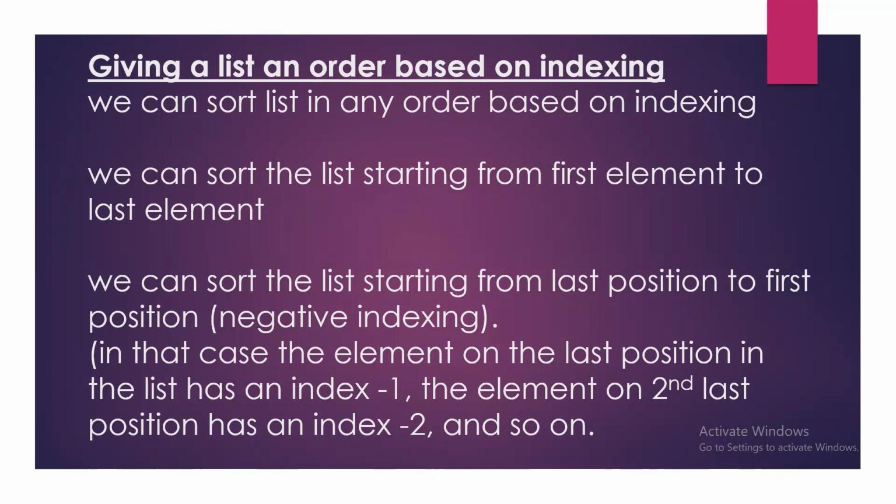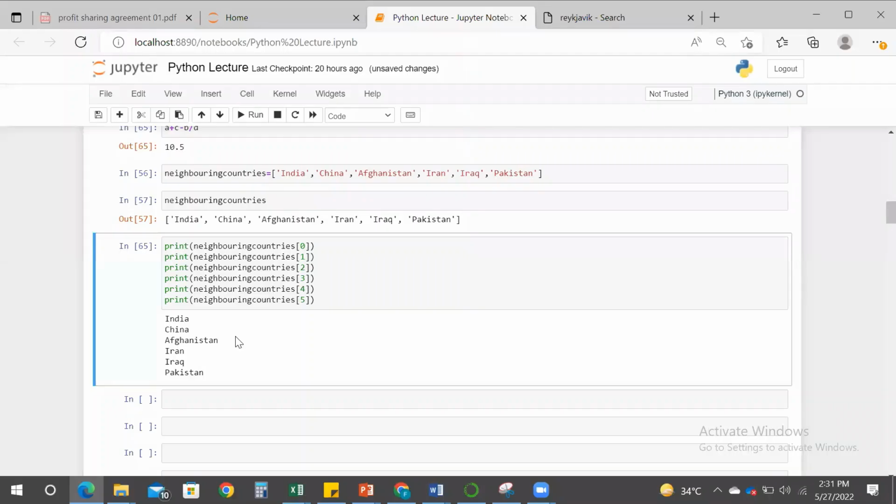Similarly, the index number of the second last element of the list will be -2. The third last element of the list will have an index -3, and so on. So let's see how I can do this.